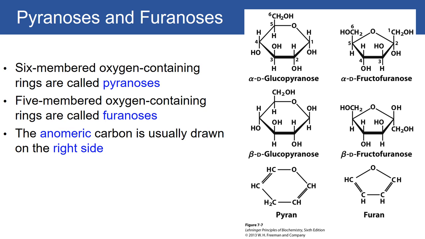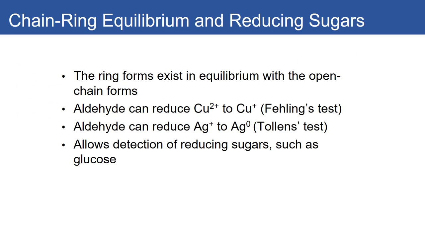These are all shown in Haworth projections, and when we make disaccharides, we will even follow this rule. You'll notice that the pyran and furan rings are shown in the bottom for your reference, and I would know those structures.